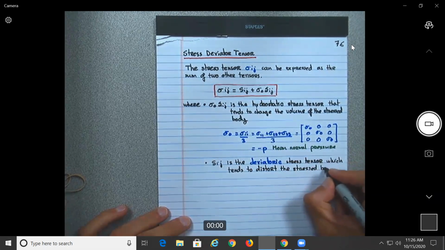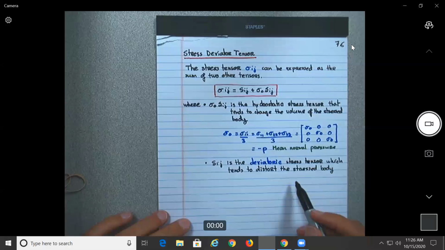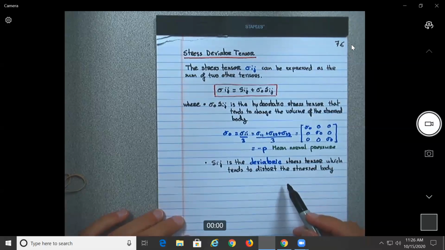So for instance, this is the important one now for structures, no? For normal solid mechanics. Okay?